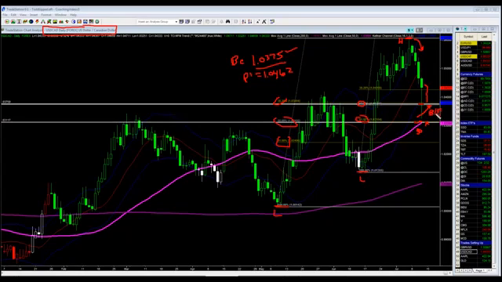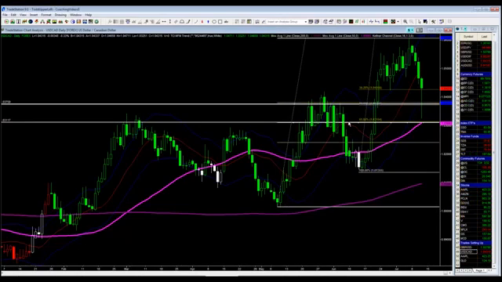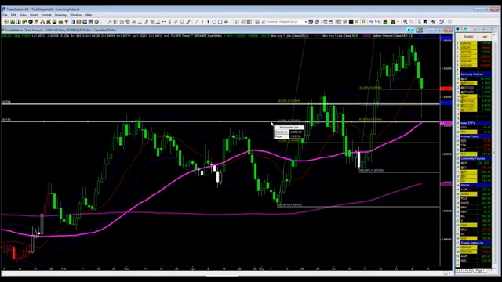Looking for the market to rally up about 30 pips. We're at 104.31, 30 right now. So I'm not going to be looking to enter again long.